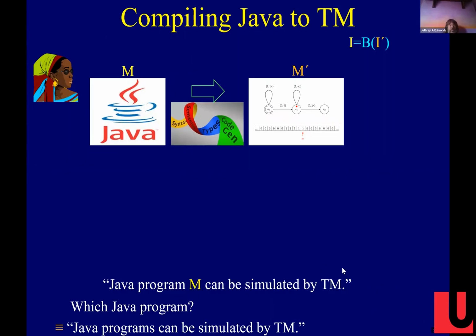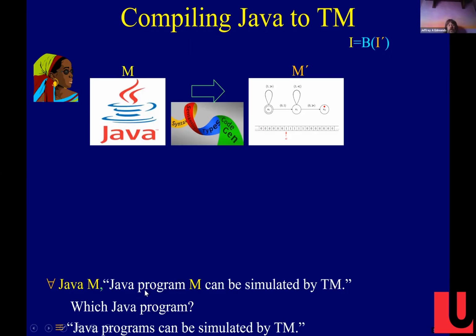Oh, it's M that can be simulated, but which is M? Are we saying every Java program can be simulated by a Turing machine, or there exists a Java program that can be simulated by a Turing machine? We want to say every Java program can be simulated by a Turing machine, right?